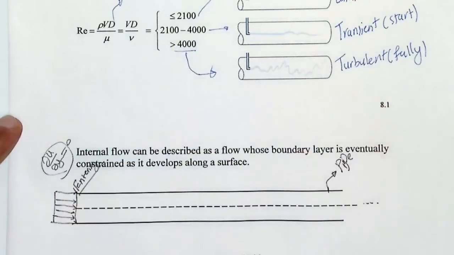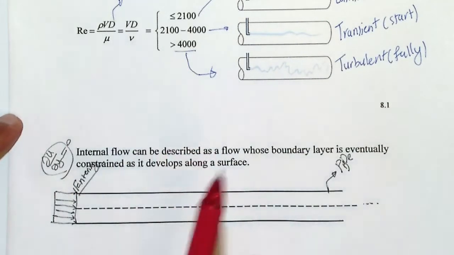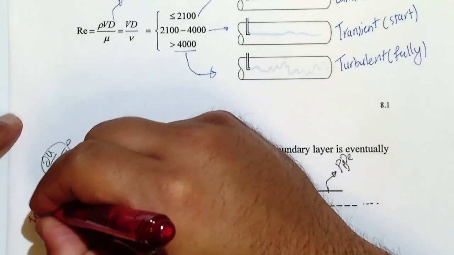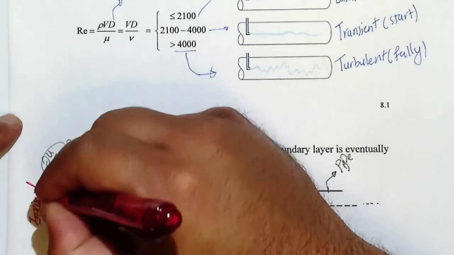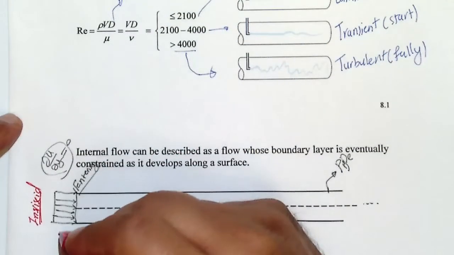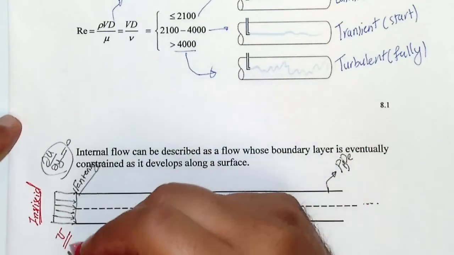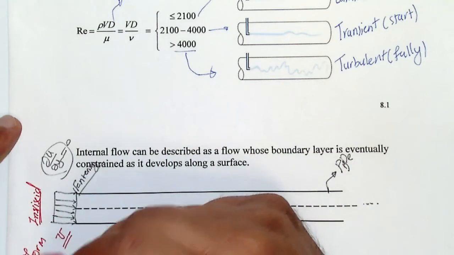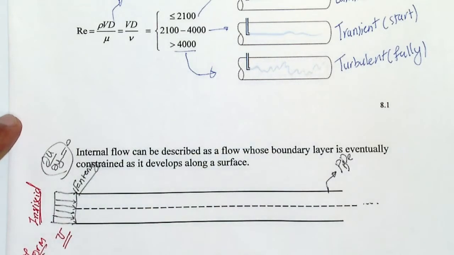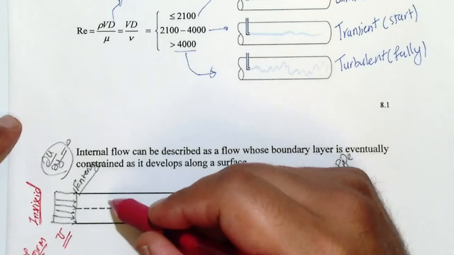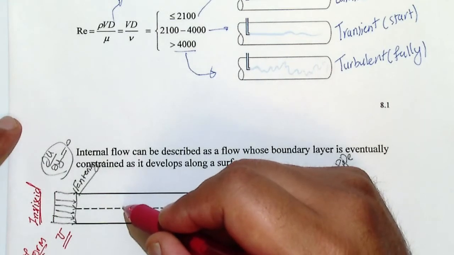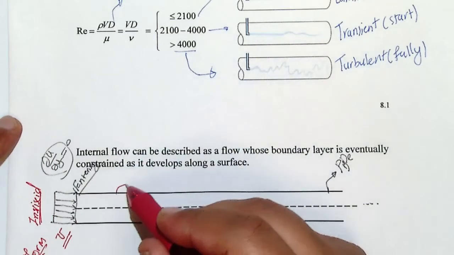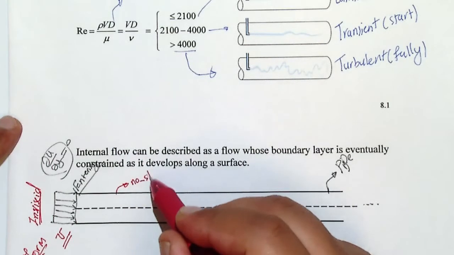Or we can write it down that the flow here is inviscid. Okay? So the inviscid flow is always equal to u, and that's a uniform flow. Okay? But after it comes into the pipe, we know that we have a boundary condition here, which is the no slip boundary condition, right?